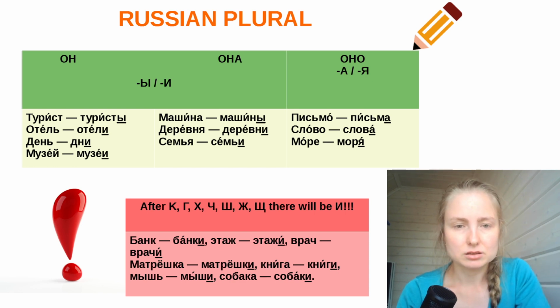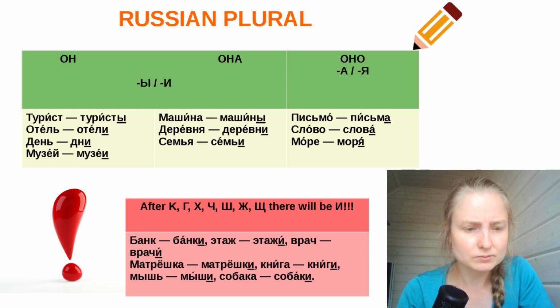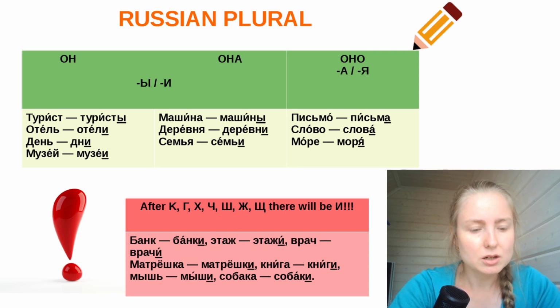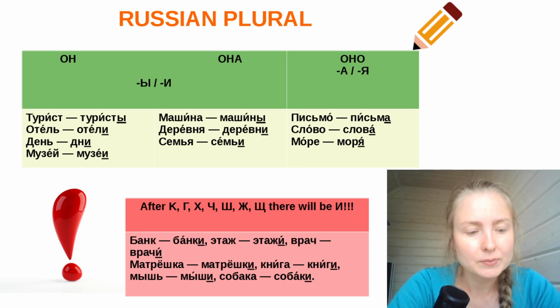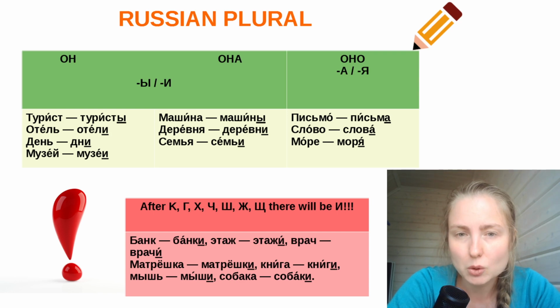Okay. And for neuter words, we have other endings. It's endings а and я. If neuter words end in о, like письмо and слово, ending о we need to replace by ending а.